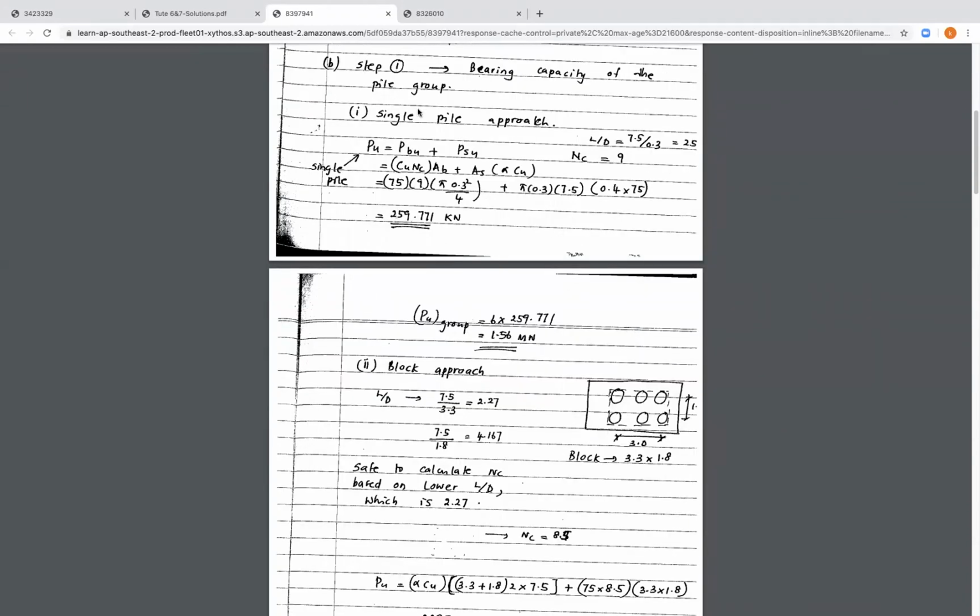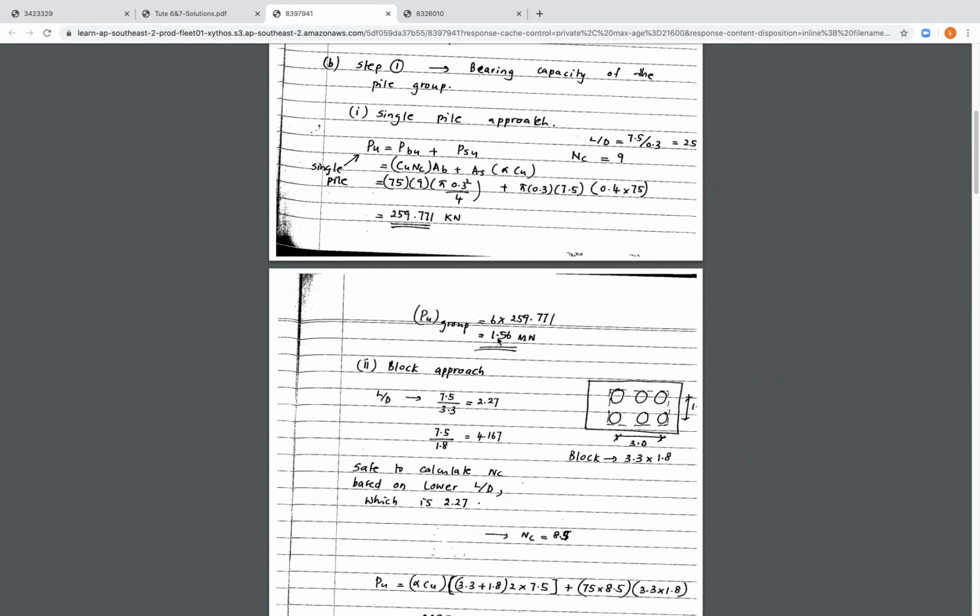And that will give us the ultimate bearing capacity of the single pile, which is 259.771 kilonewton. For the pile group using the single pile failure scenario, we need to multiply by the available number of piles, which is 6, and that will give us 1.56 meganewton.